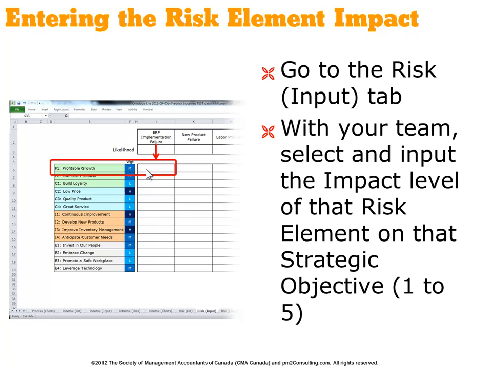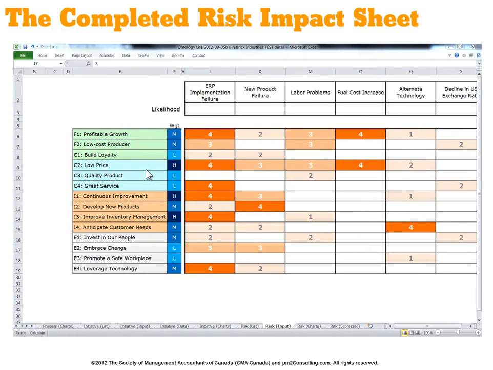And you'll go through each one, choosing what that weighting looks like. And eventually you'll end up with this sheet, again, with your strategic objectives down the left, and across the top, the risk elements. In the next step, we'll come back and complete the likelihood tab cells, but for now, we should have these cells completed where you feel risk is impacting.